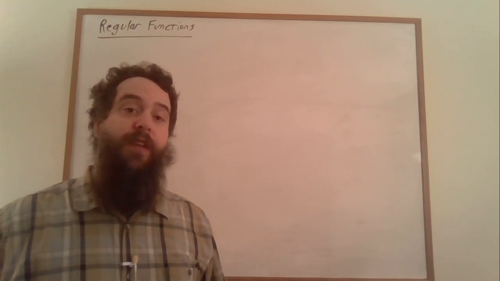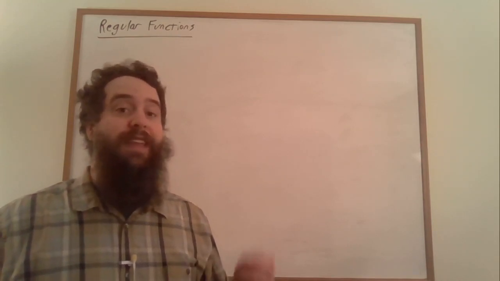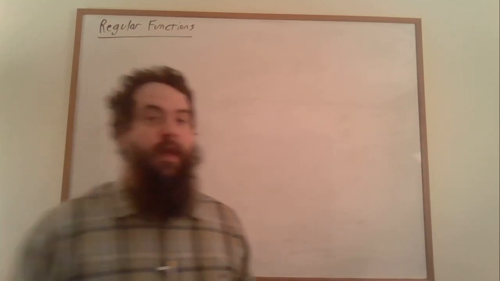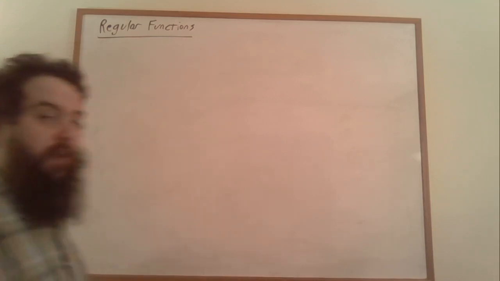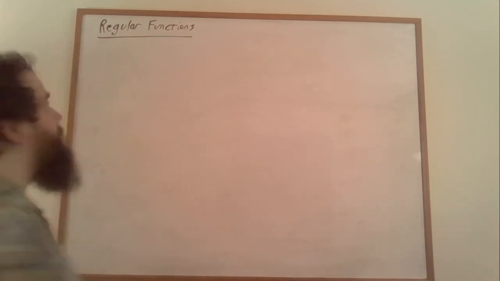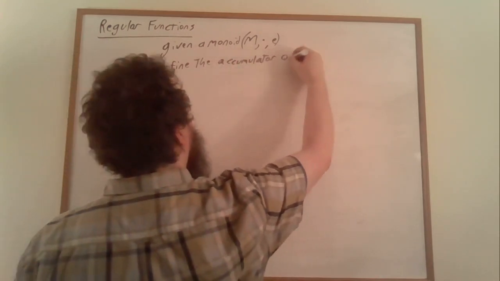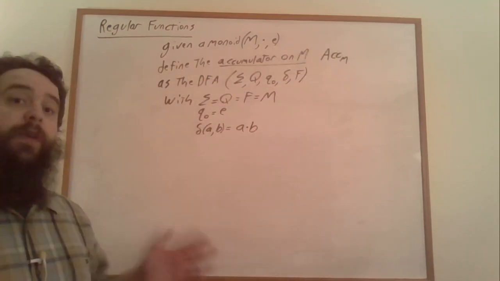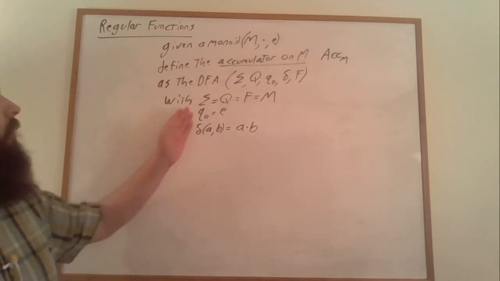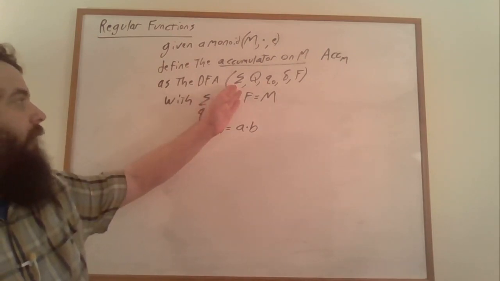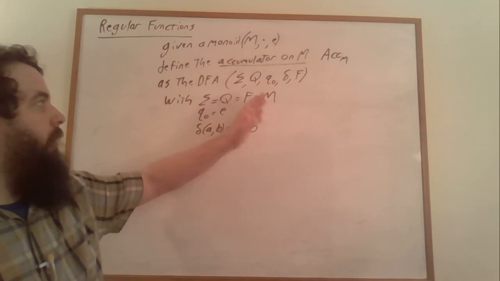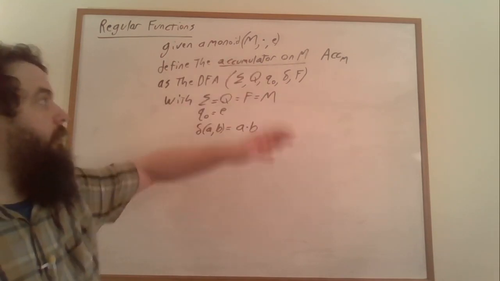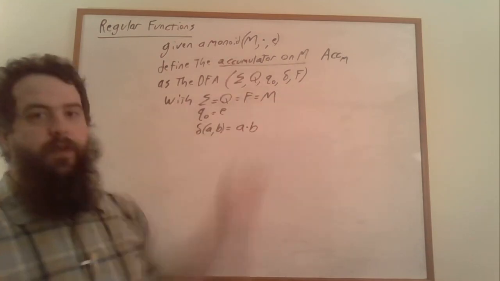There's a specific type of automaton that I'd like to look at the input to run maps for, and that's the accumulator automaton for a particular monoid. So here it's a finite state automaton whose input characters are elements of the monoid, whose states are the elements of the monoid, and all of the states are going to be accept states.